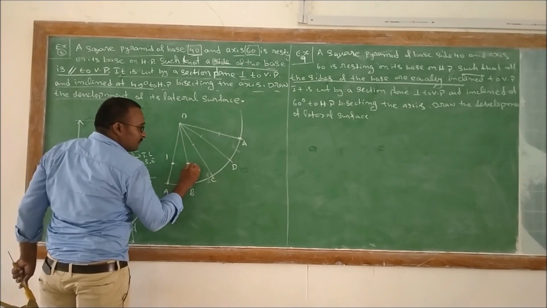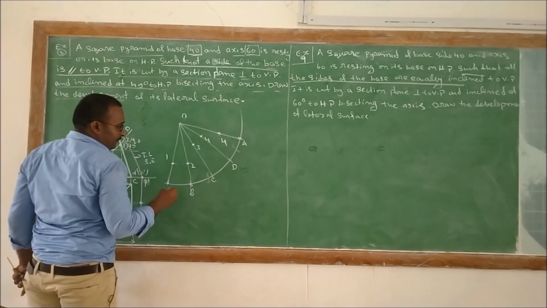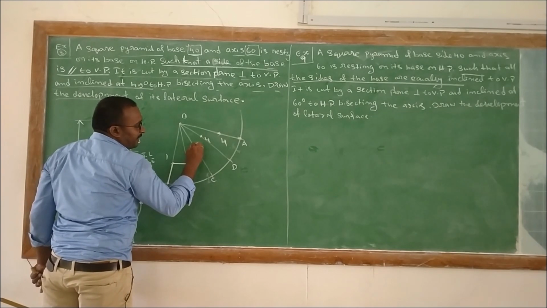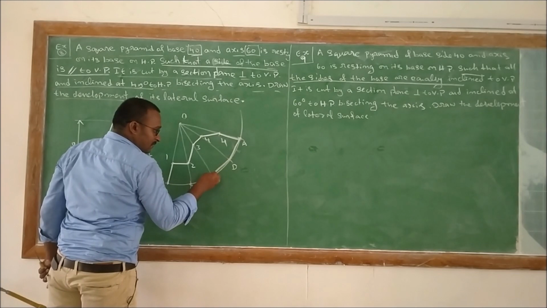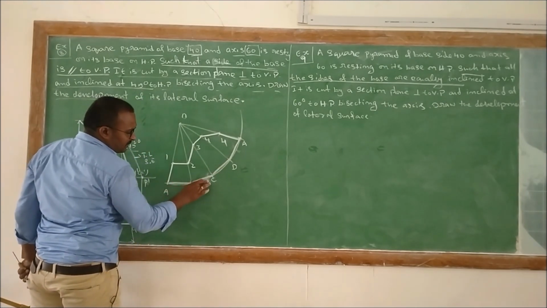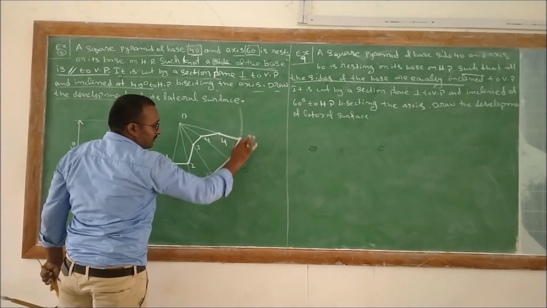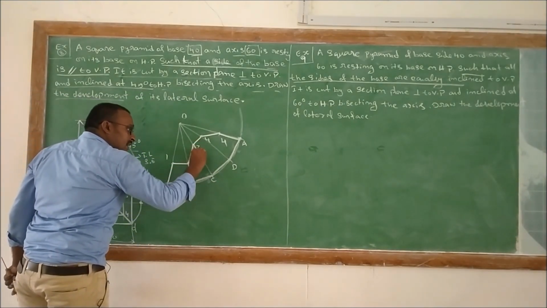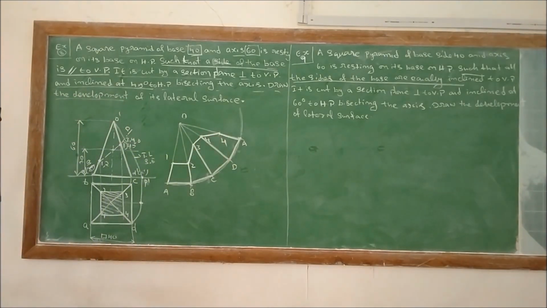So here it is 1, 2, 3, 4, again 1. Now we need to combine them with straight edges, so that these base edges are straight, not circular. So then this could be the developed lateral surface of the given problem.